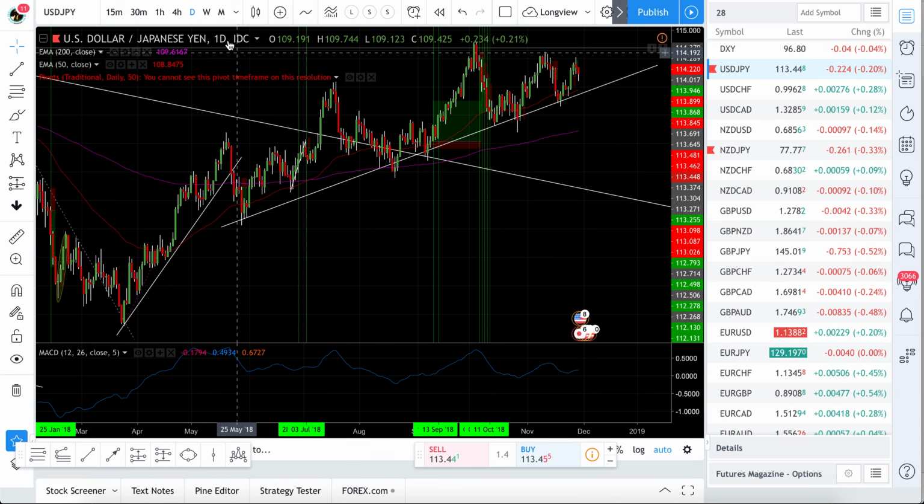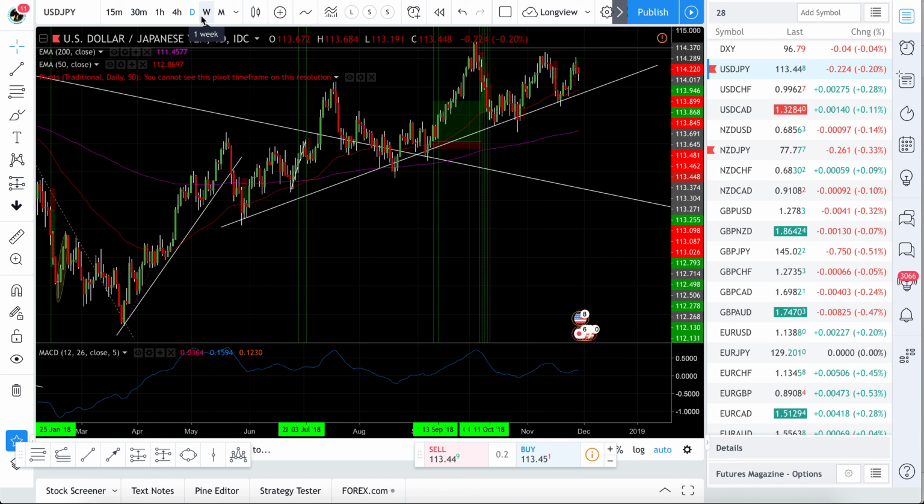I like to personally use most of these time frames to trade from. What I mean by that is not necessarily the entry, but I like to have a good understanding of the direction that I think a trade is going to go in. Put it this way: on the daily it might have a certain direction, the weekly might match, and the monthly might match.